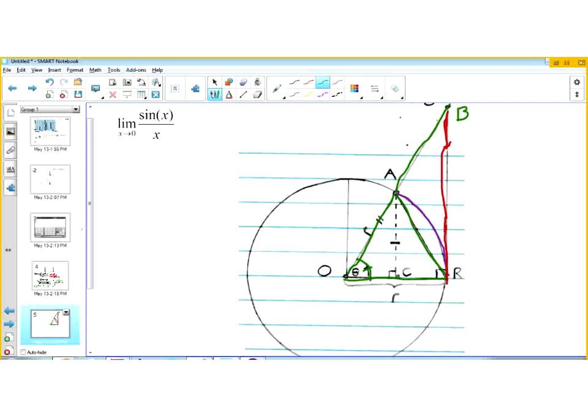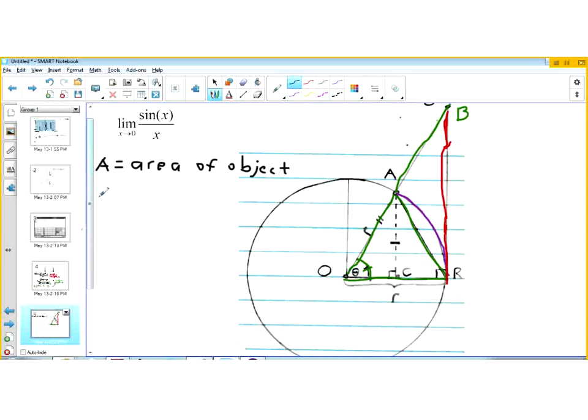Okay, so now here's how we're going to evaluate this limit. Let me show you how this drawing construction relates to the limit problem that we're trying to solve. Well, it turns out if I let A be the area of a shape, whatever object, it can be a circle, a triangle, a rectangle, a wedge, then A is a function.